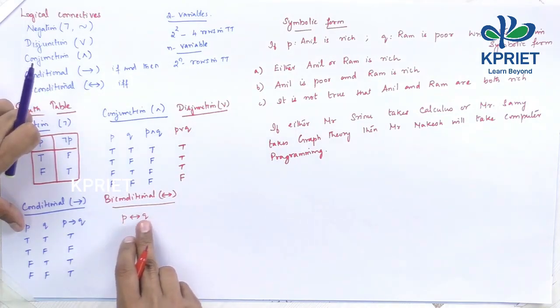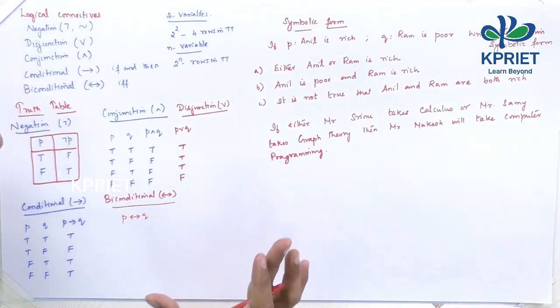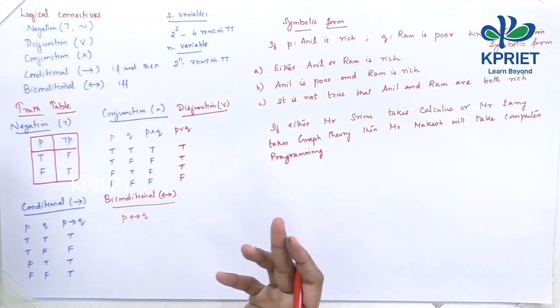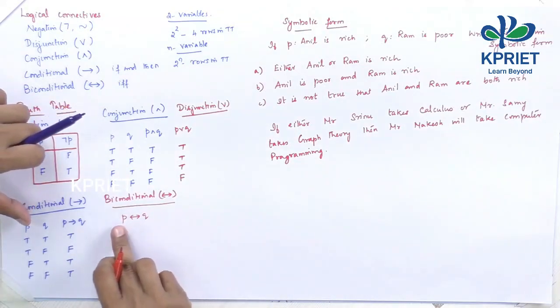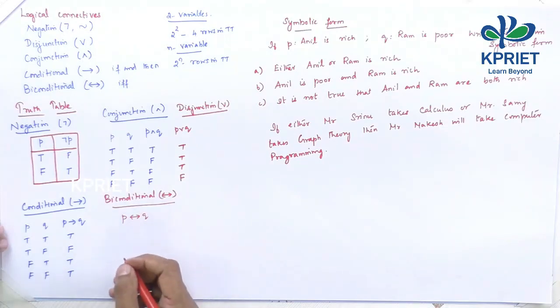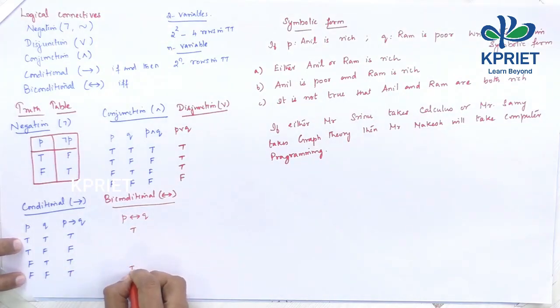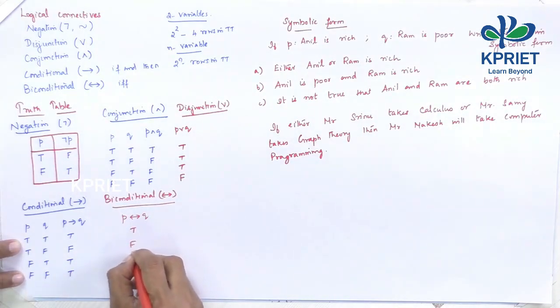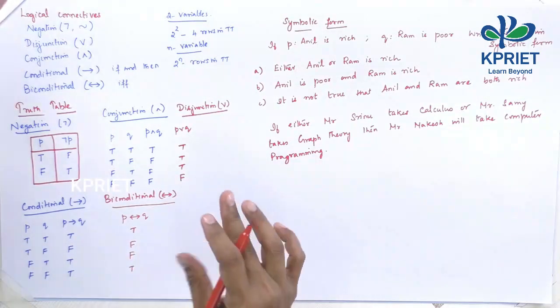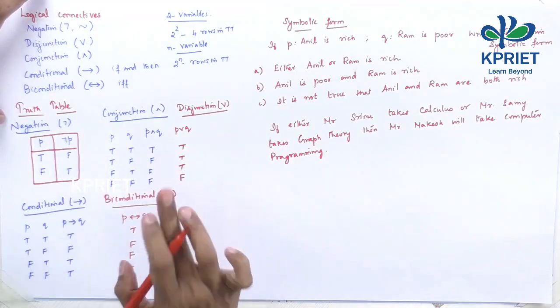If both P and Q have identical truth values, in the sense that both P and Q are either TT or FF, then the resultant will be T. Here I have identical truth values, then it is T. Here also I have identical truth values, so it is T. Elsewhere it will be F, right? Understood? So this is how we construct the truth table for the various connectives.